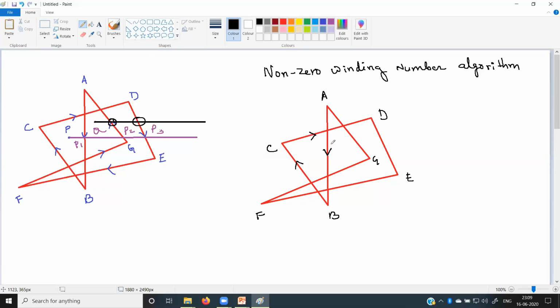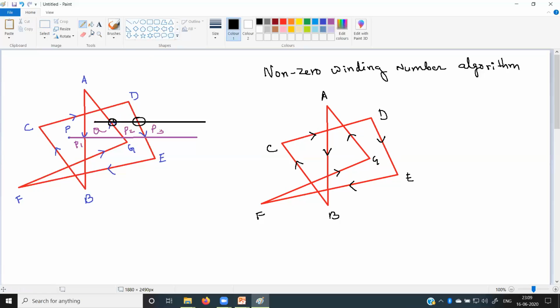So we traverse these edges, then these edges, and finally these edges will reach the starting point. Fine. Now we will apply another technique to check whether a point is inside or outside of the polygon.